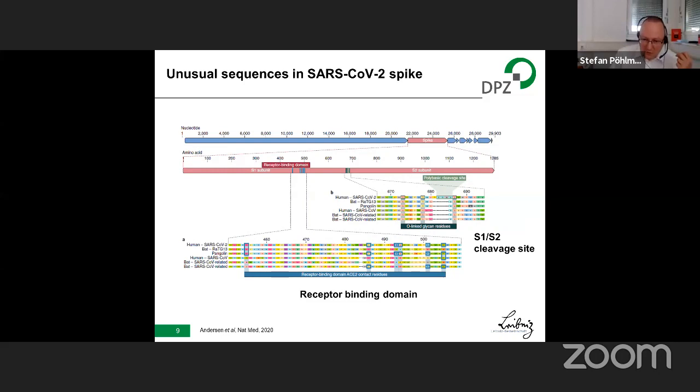And it's also noteworthy that the two sequences that we just talked about, the ACE2 binding site and the cleavage site, were early on recognized as very particular. They were unexpected, and they even sparked discussions whether SARS-CoV-2 could be a virus generated in the laboratory, designed in silico.